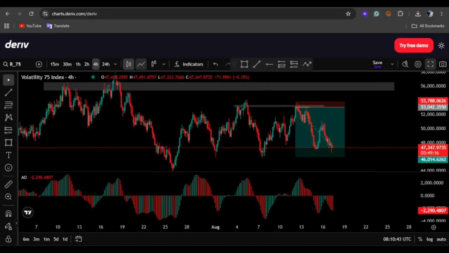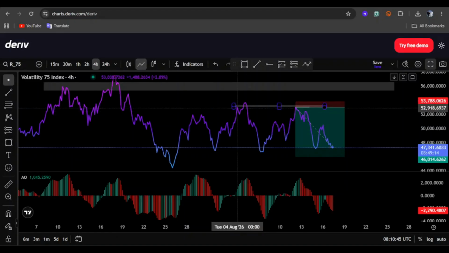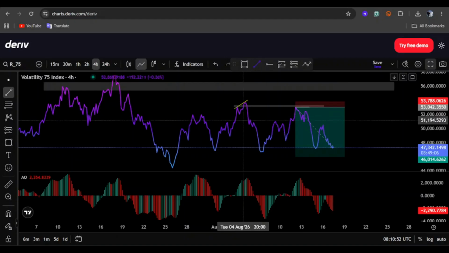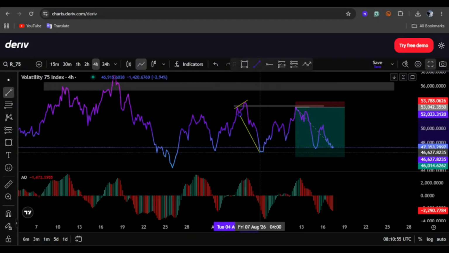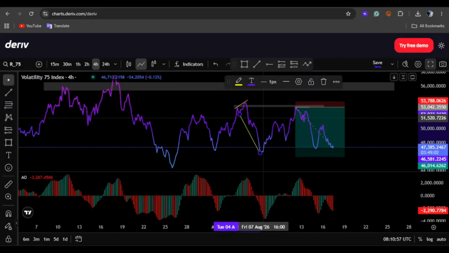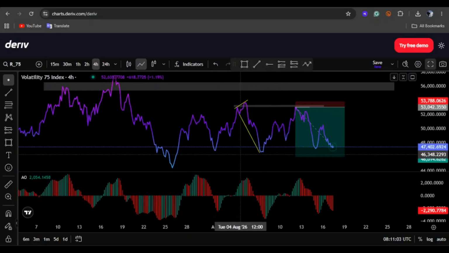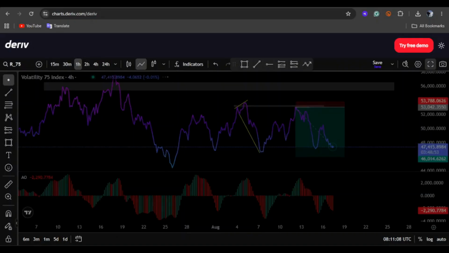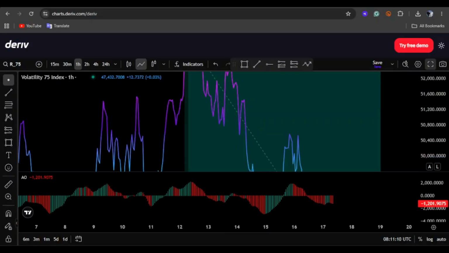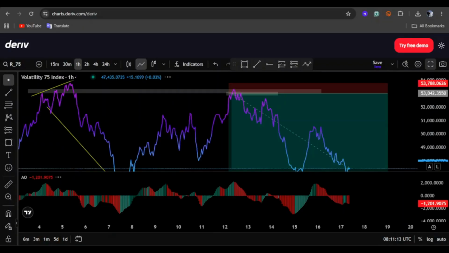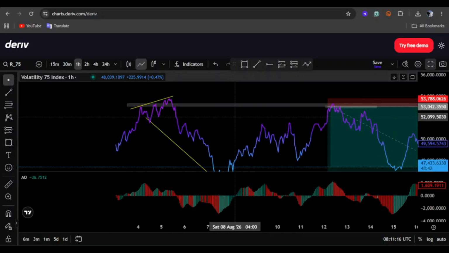If I change this into a line chart, you can see we have our higher high over there and our lower low over there. That was our QM pattern. Now remember, when it comes to checking the divergence, if you don't see the divergence on the time frame you're on, you can go down to other time frames to see if you're able to identify your divergence there.